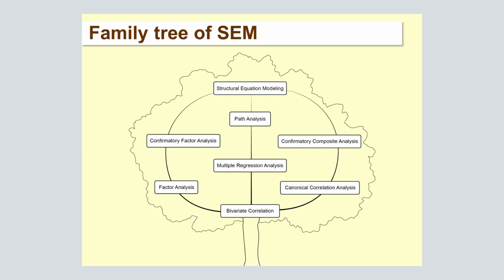The right branch is the youngest one. It consists of canonical correlation analysis and lately confirmatory composite analysis as 2 techniques that work with composites. Structural equation modeling integrates these 3 branches, which certainly adds to its complexity.